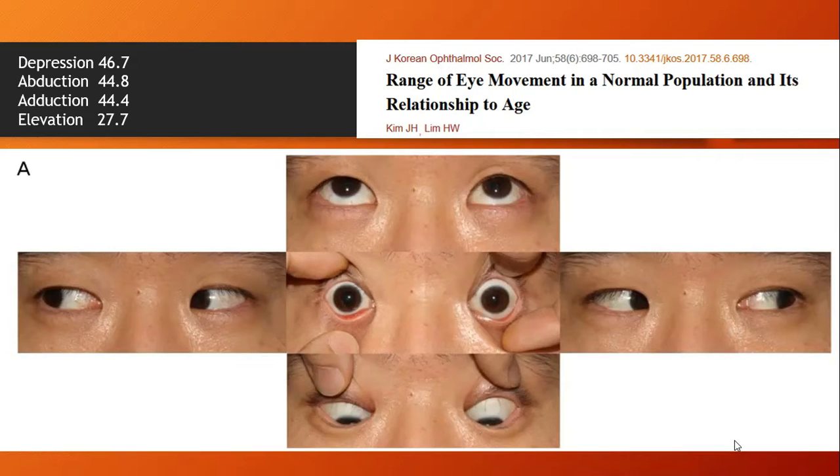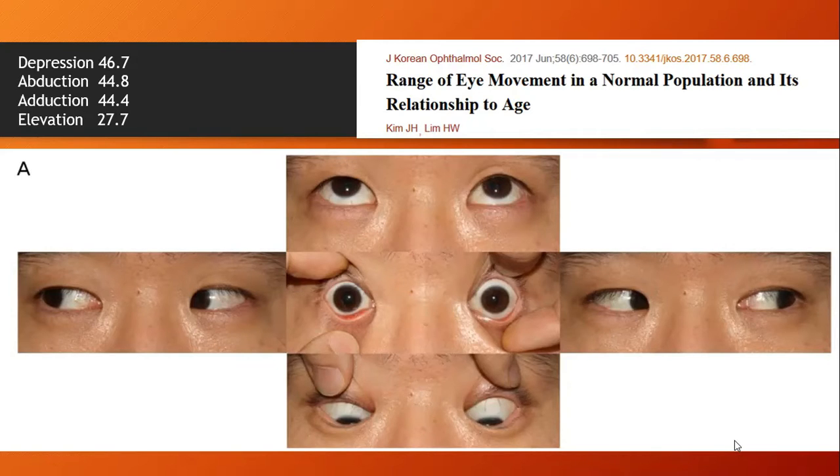While testing the horizontal version, you should notice that in normal adduction, the nasal limbus is not seen. So I hope you appreciate in this slide that in the adducting eye, you can't see the nasal limbus.